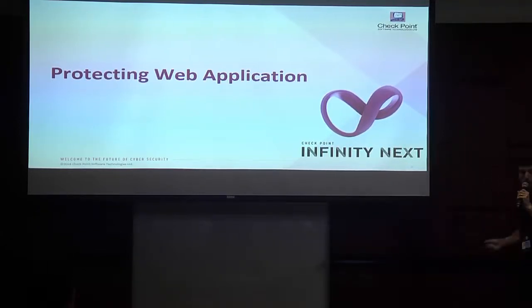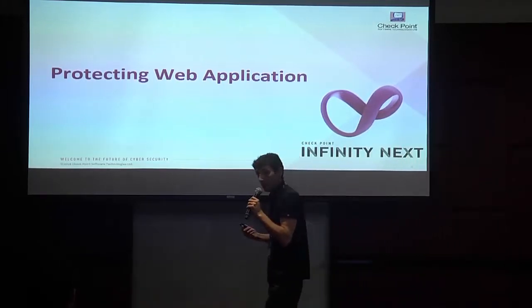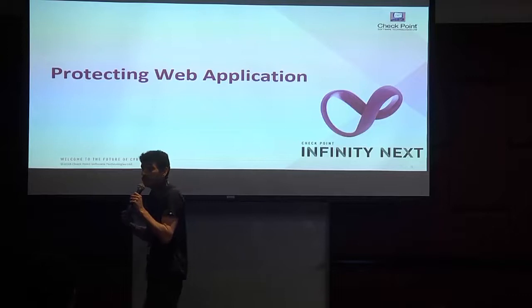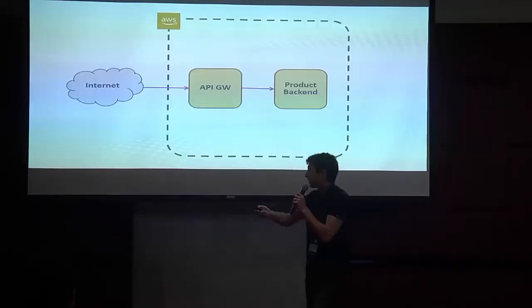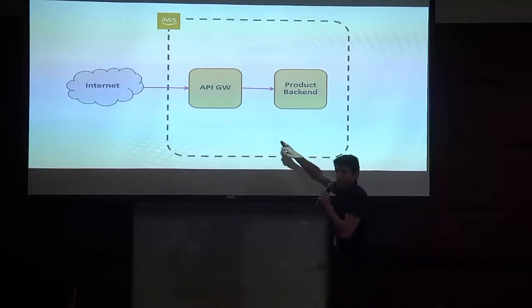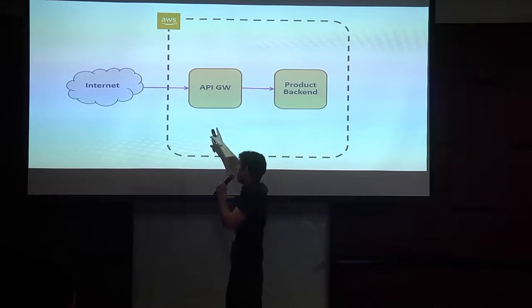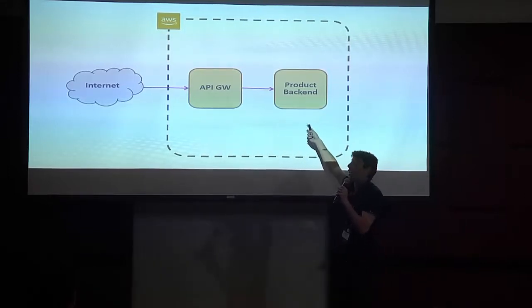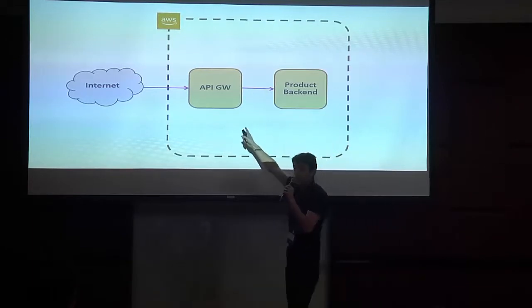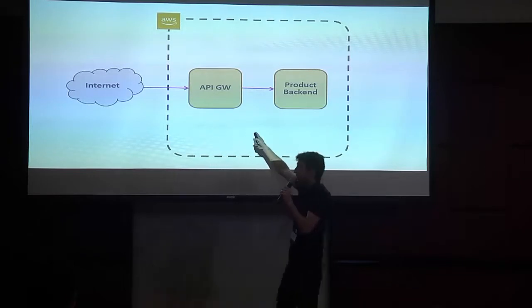So, protecting web applications. Checkpoint's web solution is at the EA level and is provided over Infinity Next. So it's a real-life solution for a complex environment, which is protecting something that is most of the time the perimeter of the cloud. We have a web application hosted usually in the cloud, and it usually has an API gateway, and it can be reached from the internet.